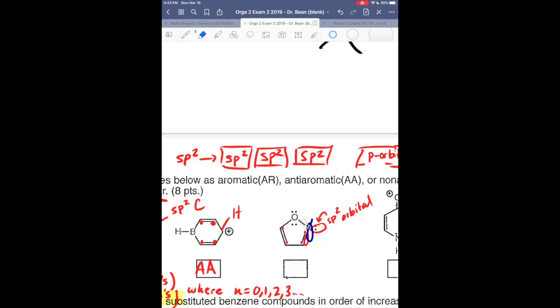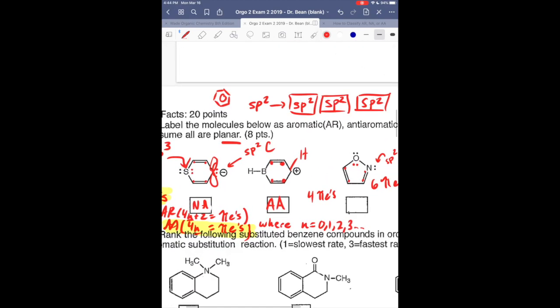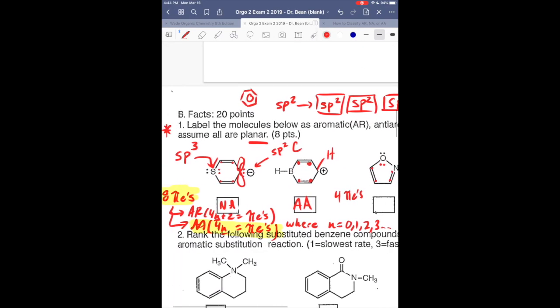Now we make that hypothetical decision with the heteroatom over there, the oxygen. If we were to include one of the lone pairs, what would be our number of pi electrons? We would get 1, 2, 3, 4, 5, 6. We would get 6 pi electrons, right? Let me put 4 over here. So if we have 6, what rule do we follow in terms of our 2 different formulas?